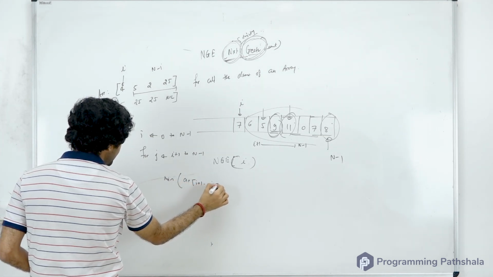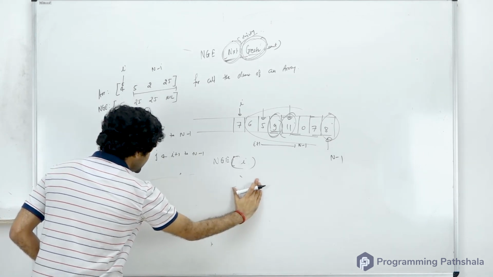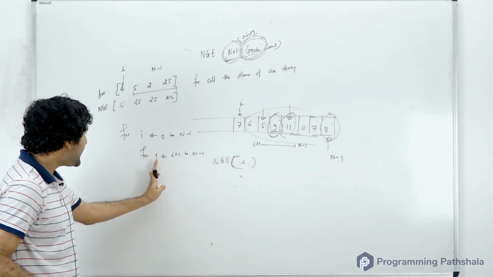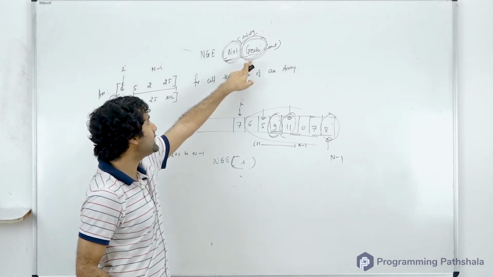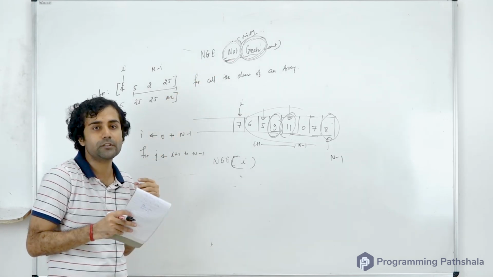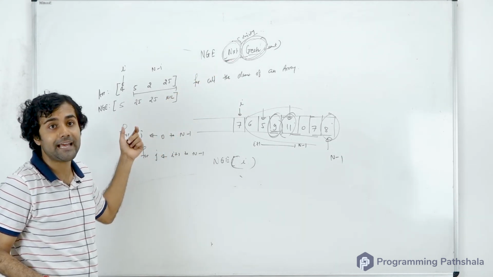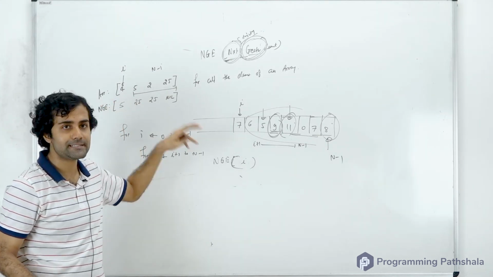Out of all the values from I plus 1 to n minus 1, you are interested only in the greater values, and out of all those greater values you are interested in just the next greater. So the moment you are traversing and you see a value which is greater than this particular element, you can say that NG of that index is that element.